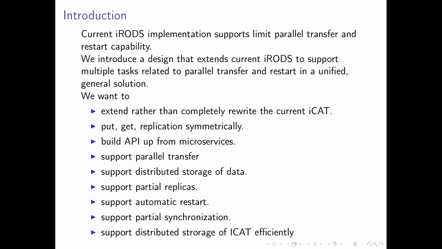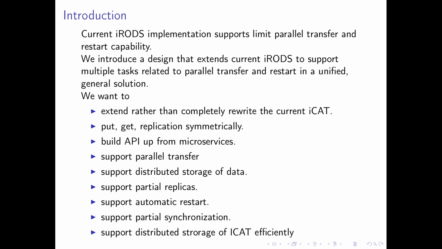One of the most important things, which I push really hard in this design, is the put, get, replication symmetry. Currently we don't have this symmetry in our design. When you put, you get, you replicate, they don't naturally go to the same low-level API. They do share the API to some extent, but we want to push that symmetry to the full extent so that it's 100% symmetric.